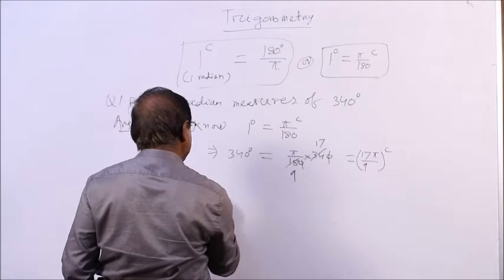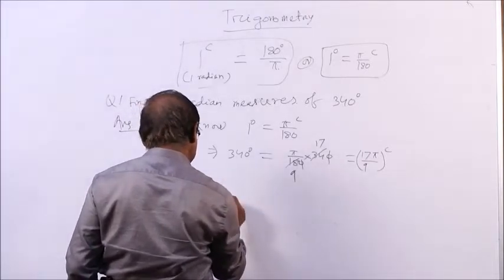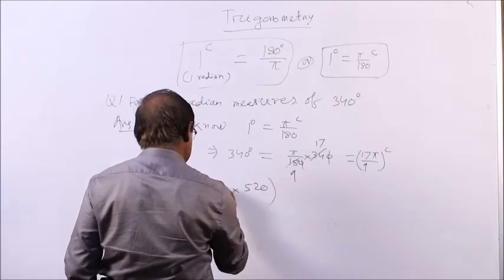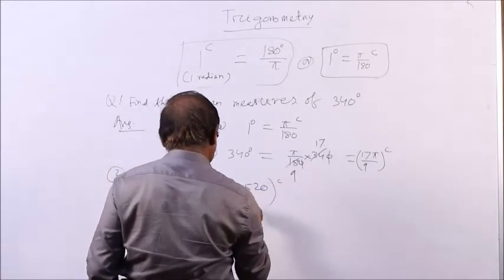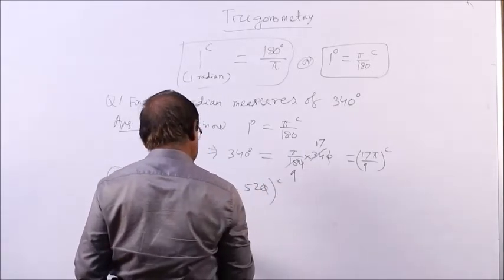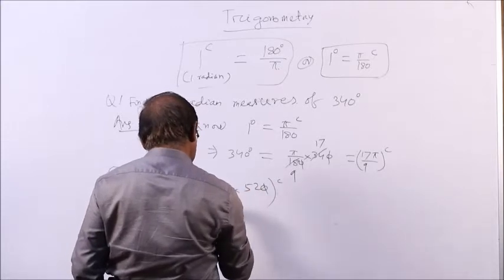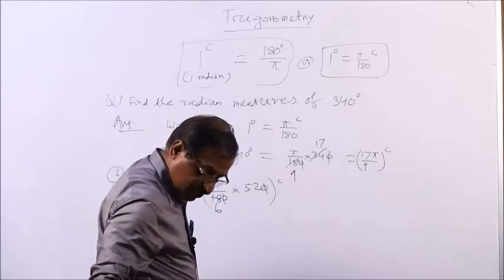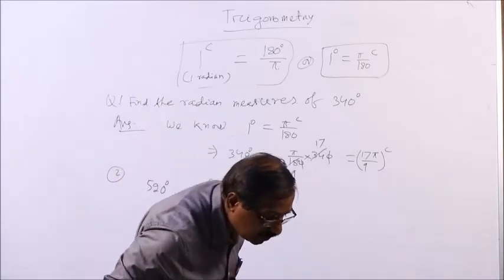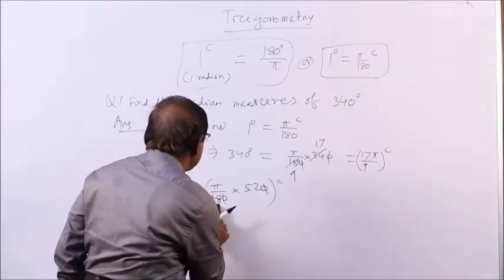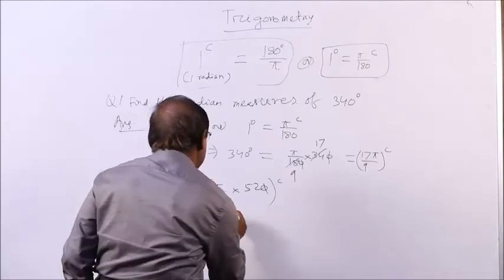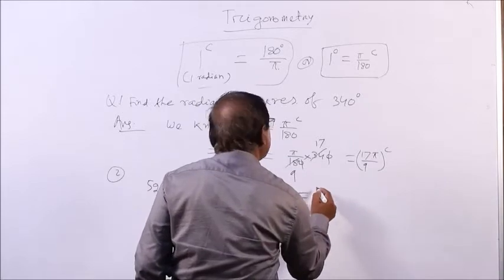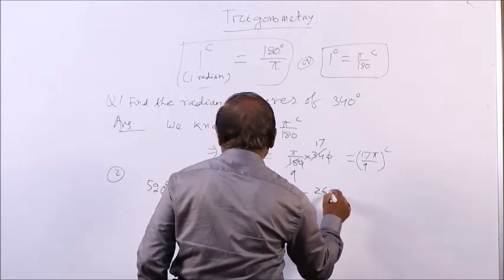So this will be pi by 180 into 520. So the radian goes. No, it is not cancelled by 6. So ultimately let us divide by 20. So this is 9, this is 26. So this will be 26 pi by 9.